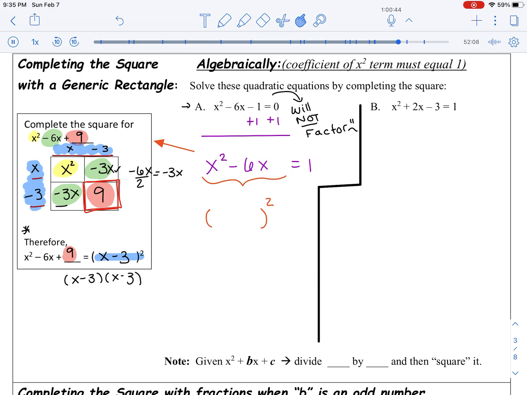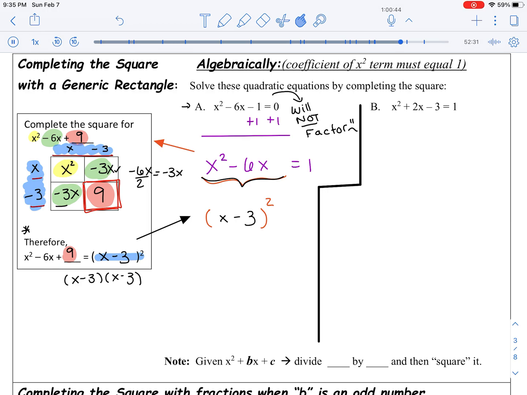Someone for sure right now is asking, Ms. Shana, what does this have to do with my problem? Well, I could take my x squared minus 6x and rewrite it, just like this square helped me solve, as x minus 3 squared.